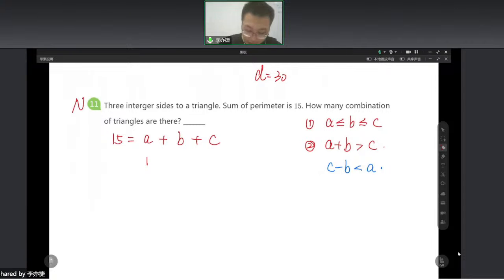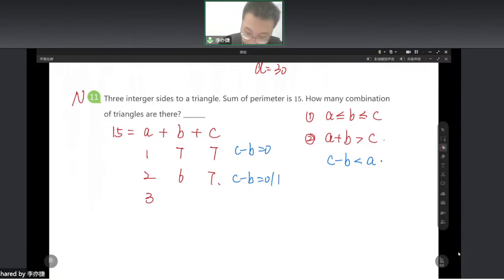If A equal to 1, then C minus B is smaller than 1, so can only be 0. So the only way is C equal to B, which is 7 and 7. That's the first case. The second case is A equal to 2. Then C minus B can be 0 or 1. But if C equal to B, there are no integers, so C minus B equal to 1, and in this case it is 6 and 7.